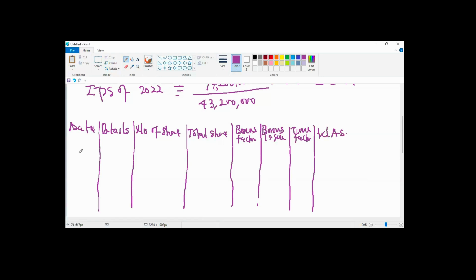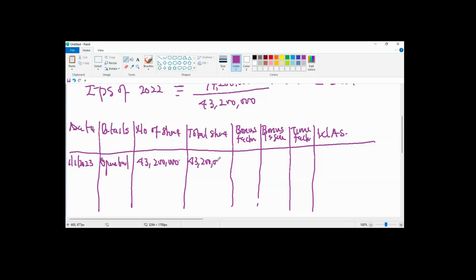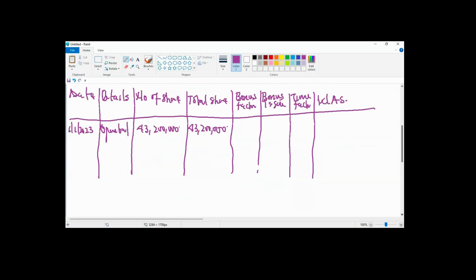Good. This is what we have. So, 1st January 2023, opening balance. He said he has 43,200. So this one will be 43,200. Good. Next.